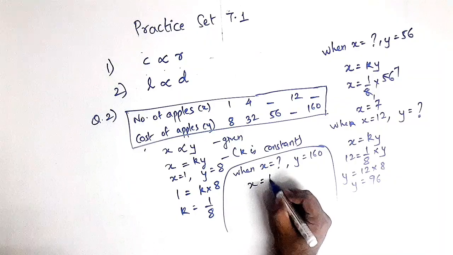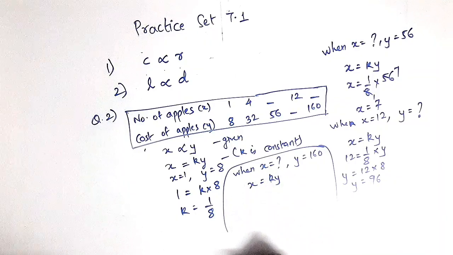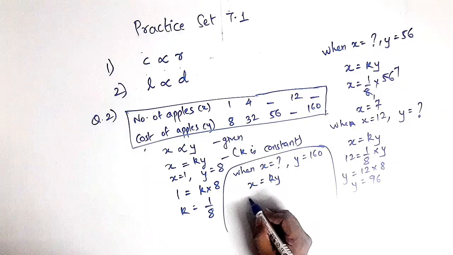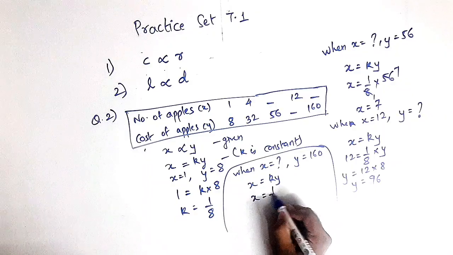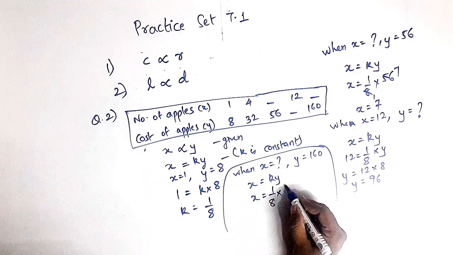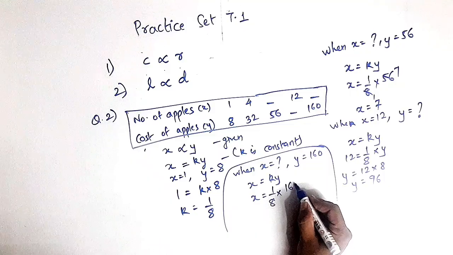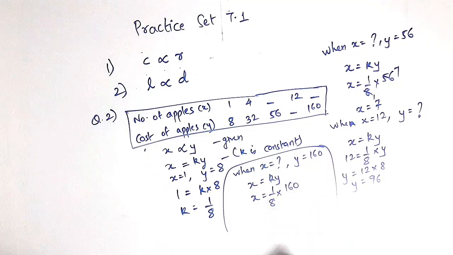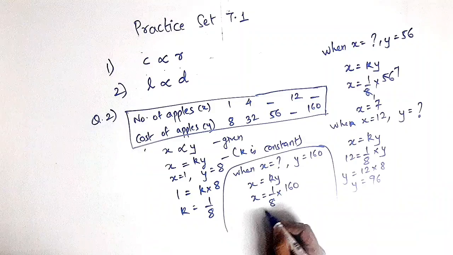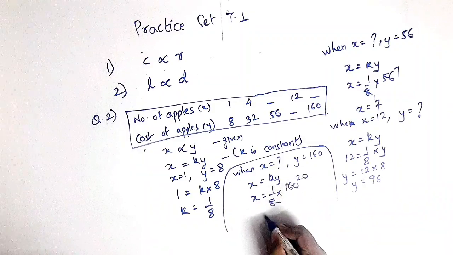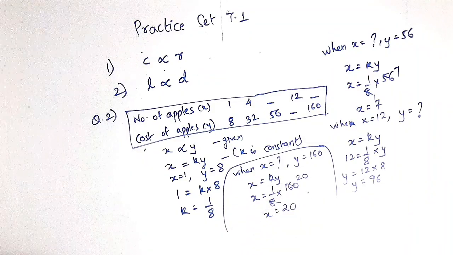x equals to ky. So x we don't know, k we know 1 upon 8, y is 160. So 8 ones are 8, 2s are, this is 20. So we got this as 20.